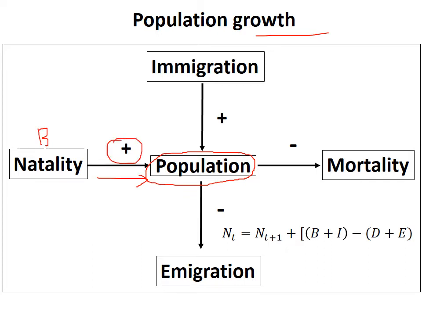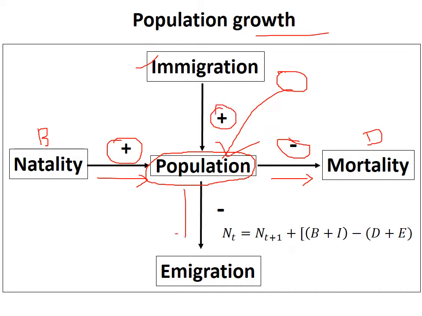And on the other hand, mortality. Mortality means the death rate. It is reducing the population, so it's giving a negative impact on the population. And immigration, when individuals come from somewhere to this population, is also adding to the population. Emigration means some individuals of this population are going away from this population.